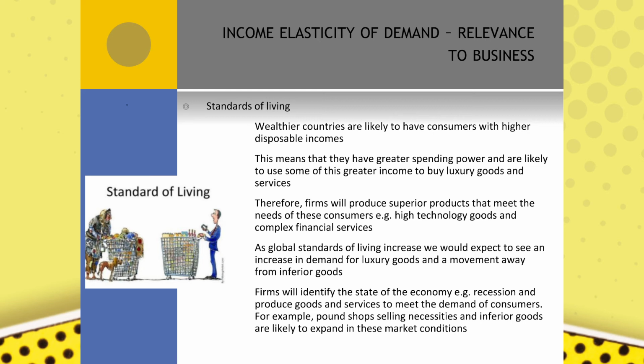And then as global standards of living increase, we would see overall an increase in the demand for luxury goods and a movement away from inferior goods. So firms will identify the state of the economy, depending if we are in a recession, and they will make goods to meet the demand of their consumers.